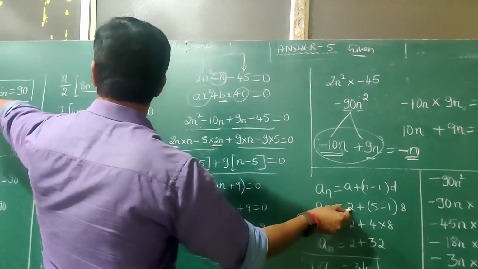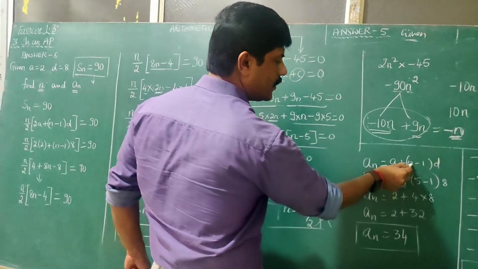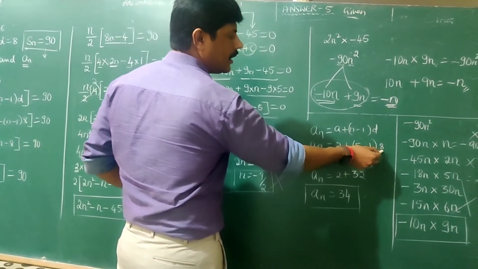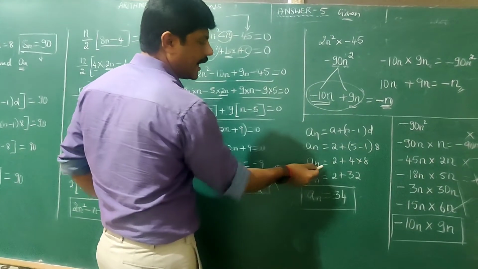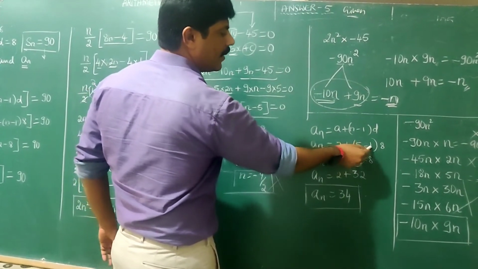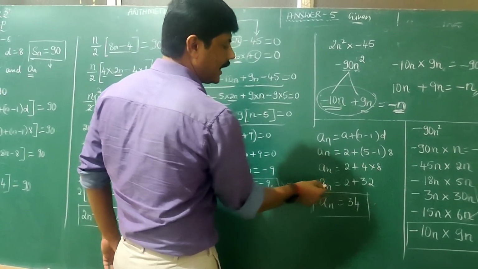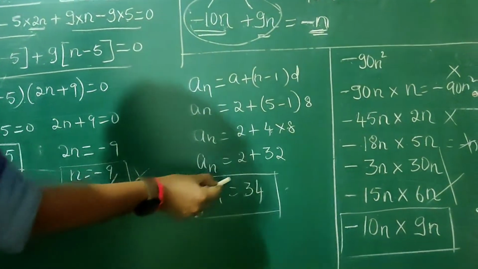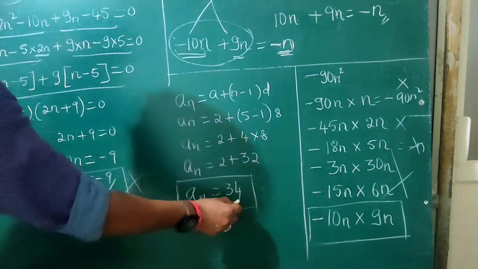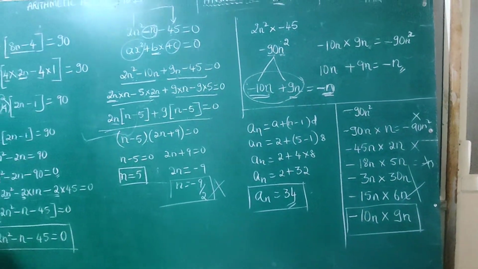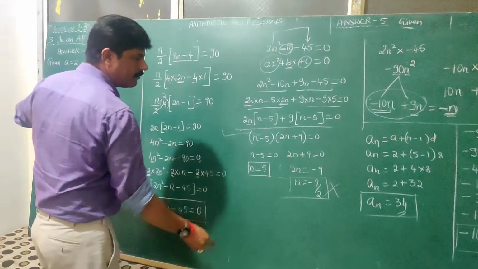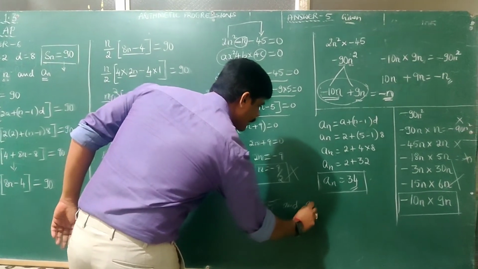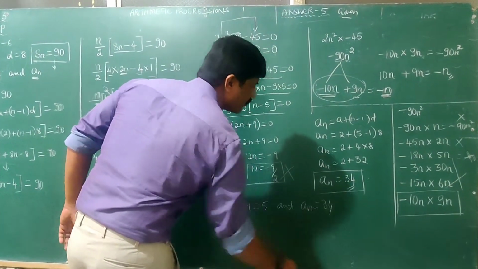A is given here, substitute 2 plus, just now we have found n equals 5, substitute here, n minus 1 into d, which is 8. an equals 2 plus 5 minus 1, which is 4, into 8. an equals 2 plus 4 eights, 32. an equals 34. Thus we have got n equals 5 and an equals 34.